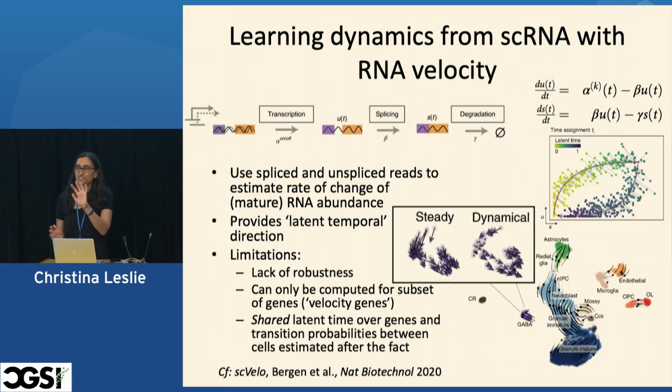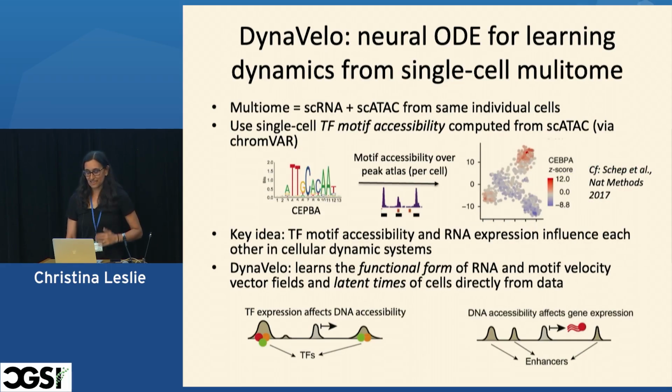So we're not actually using spliced and unspliced. What we're using is motif accessibility and gene expression from multiome, okay? Very quickly, we want to reduce dimensionality in a way that's still interpretable.